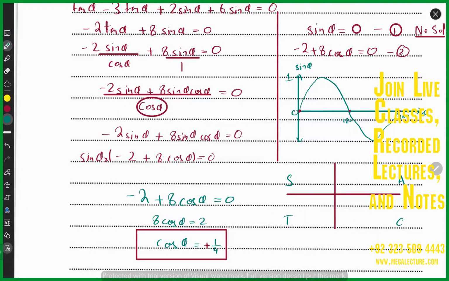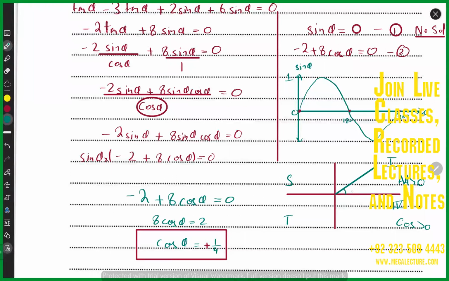Cos is positive in the first quadrant because all are positive, and cos is positive in the fourth quadrant because it says cos is positive. So this means that my angle is going to be in the first quadrant and in the fourth quadrant.